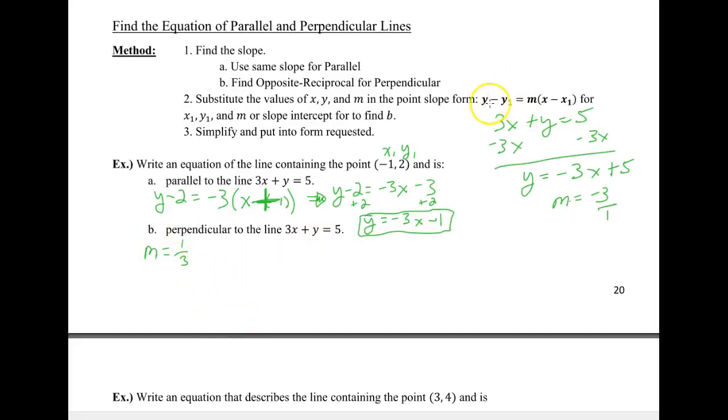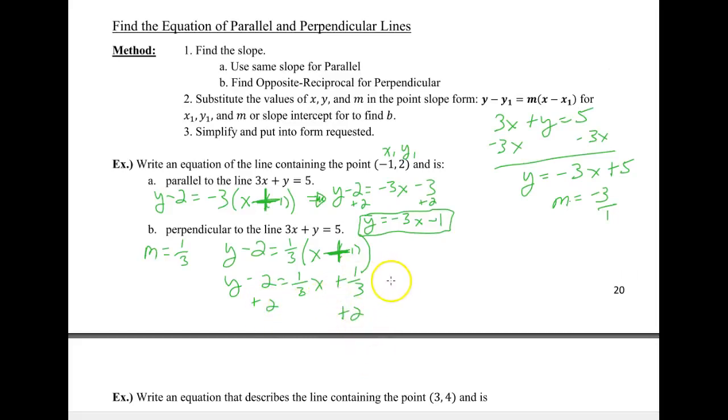I'm going to fill it into our point slope form. Y minus 2 equals my perpendicular slope times x minus a -1. That's still going to become plus 1. And I'm going to distribute that 1/3 in. Y minus 2 equals 1/3 times x, and 1/3 times 1 is just 1/3. And then I add 2 to both sides.